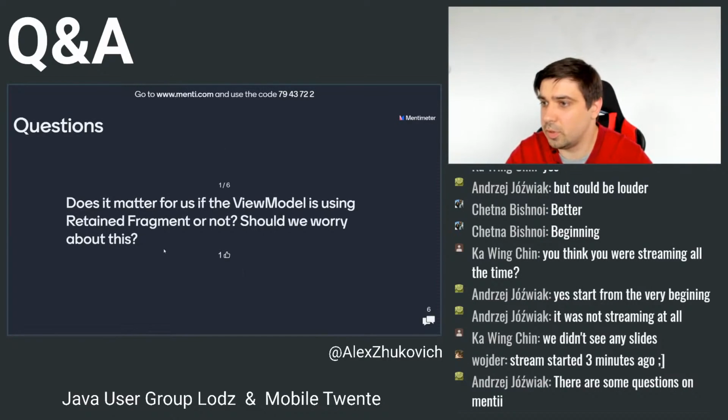Does it matter for us if the view model is using a retained fragment or not? Should we worry about it? We shouldn't worry about it, because this framework was tested very well, and right now many people use this approach. It was pretty important some time ago, when people just started rewriting a lot of layers in applications and switching from retained fragments to view model.